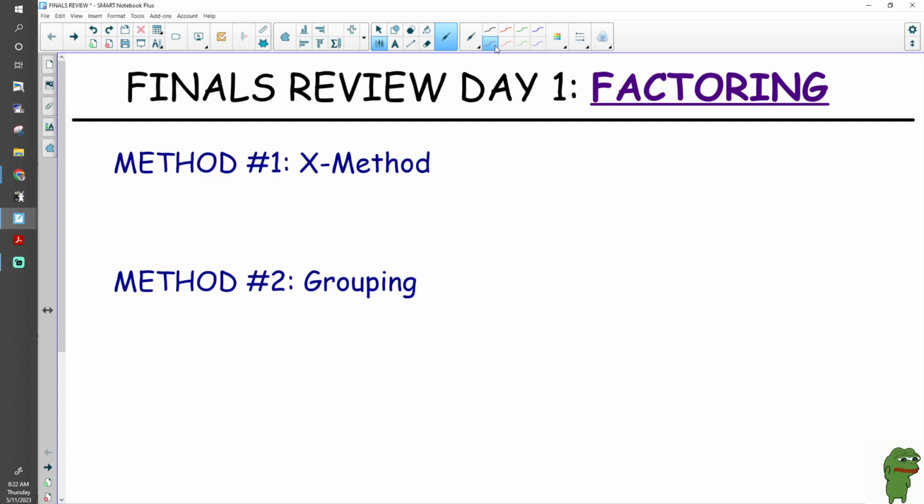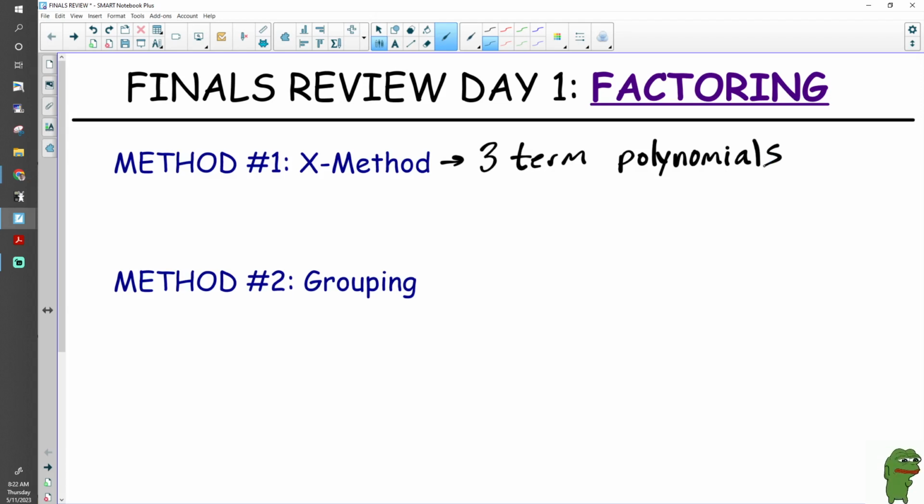Now, what is important, and feel free to write this if you want, feel free to just make a mental note of it, but the X method is specifically for 3-term polynomials. We will use the X method if you see 3 terms.